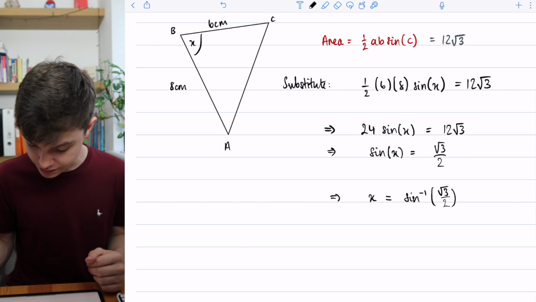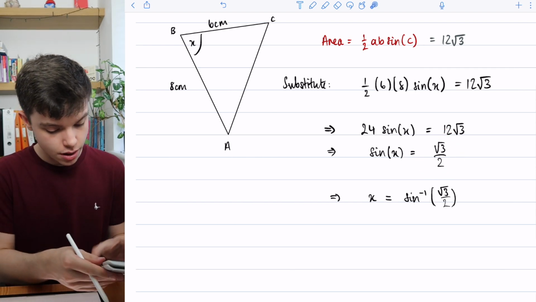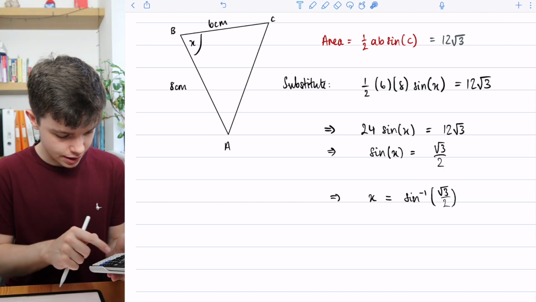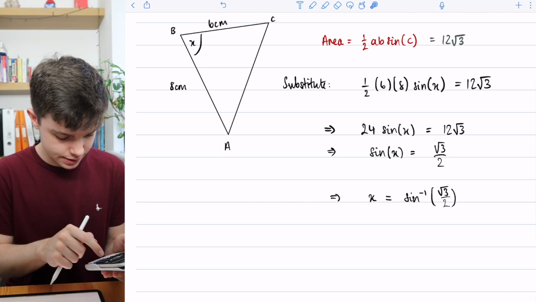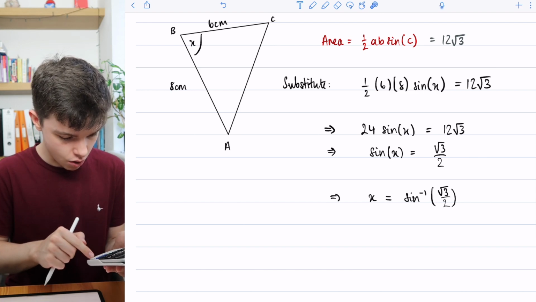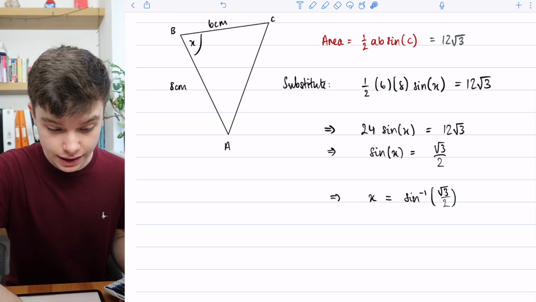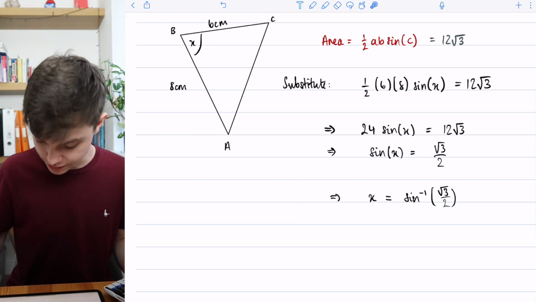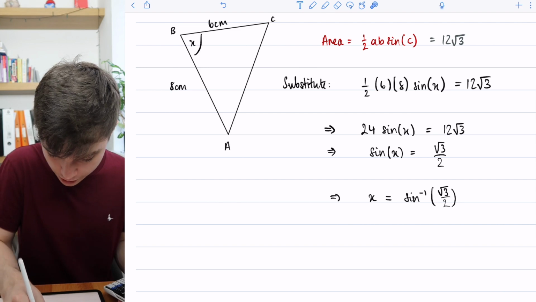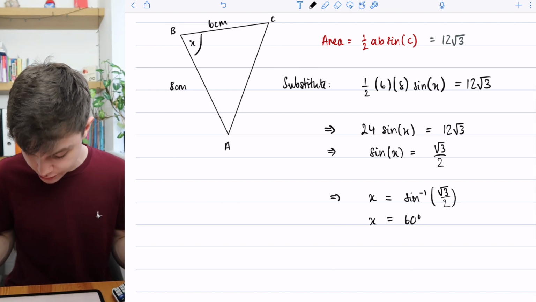So inverse sine of whatever is on the right hand side here, root 3 over 2. And when we put that into our calculator, this is what we get. Inverse sine of root 3 over 2 gives me 60, and I'm just checking this in my calculator. Yes, that is correct. So x is equal to 60 degrees.